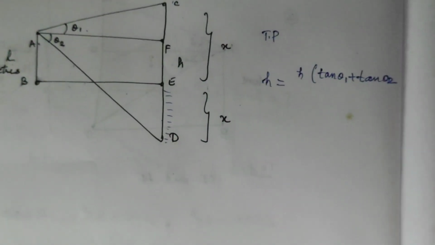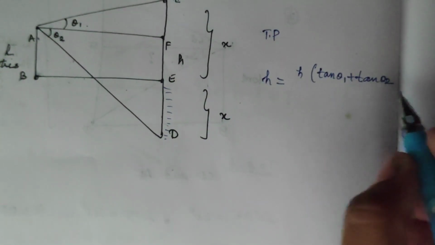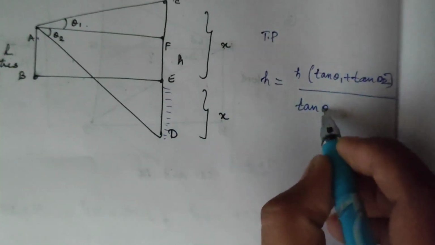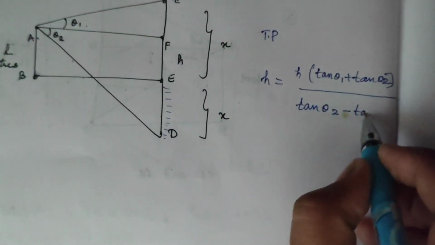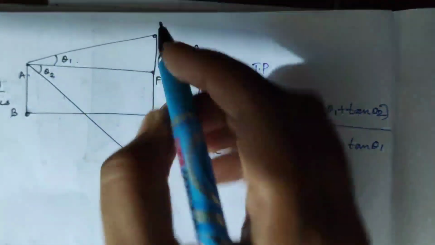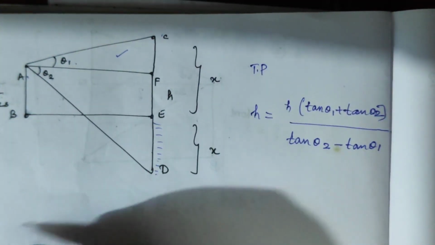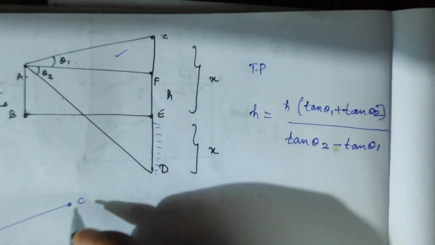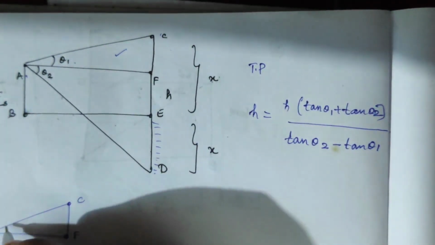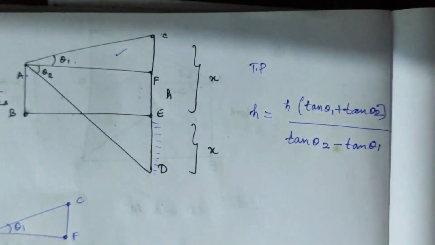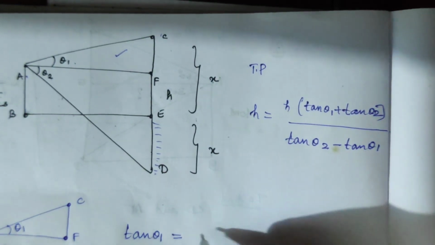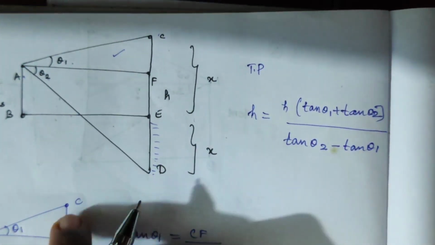by tan theta 2 minus tan theta 1. So consider this triangle ACF, with this angle theta 1.